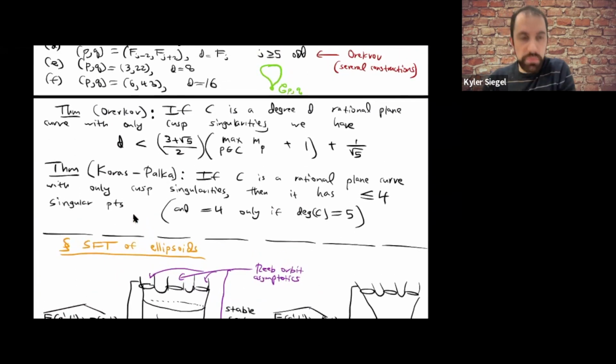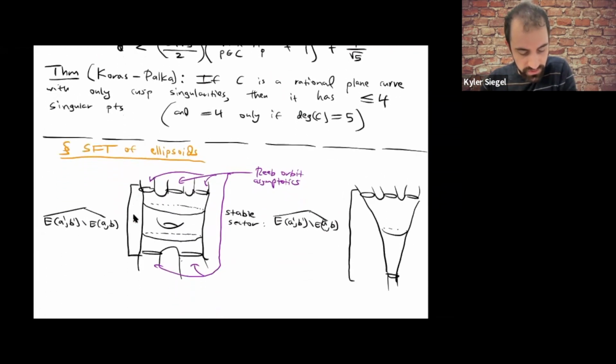Okay, so now let me move on to one of the other items in my introductory list, which is SFT of ellipsoids. I'm not going to say too much about SFT in this talk, but let me just mention that the general object of study is this: imagine that you have one ellipsoid sitting inside of another.